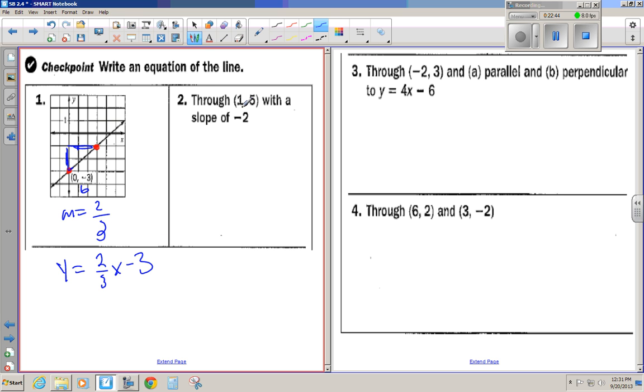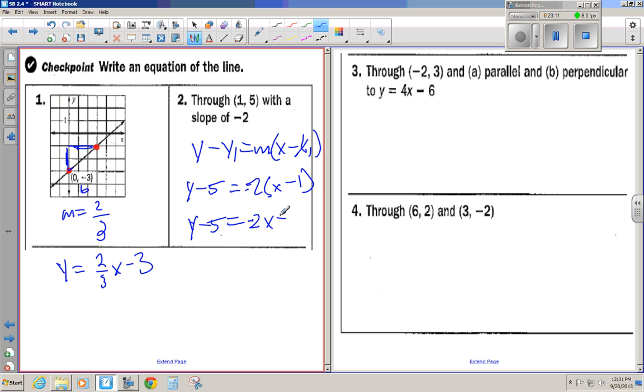Now we have to use the point slope form for number 2. So y minus 5 equals negative 2 times (x minus 1). Distribute, add 5. So y should be negative 2x plus 7.